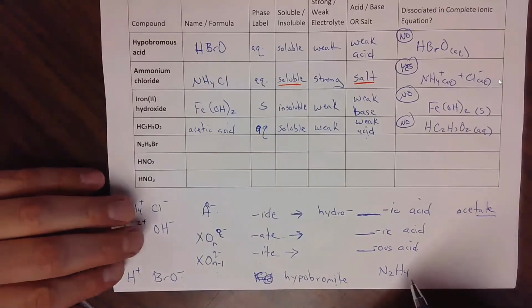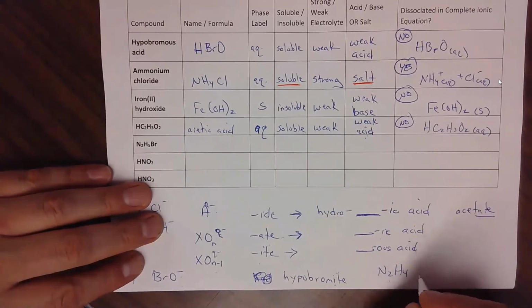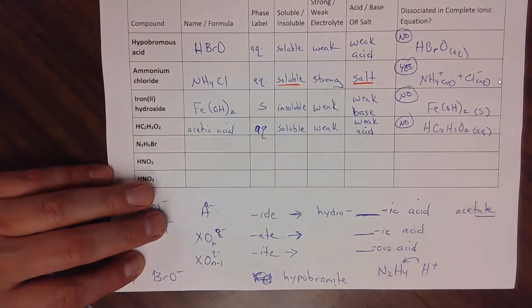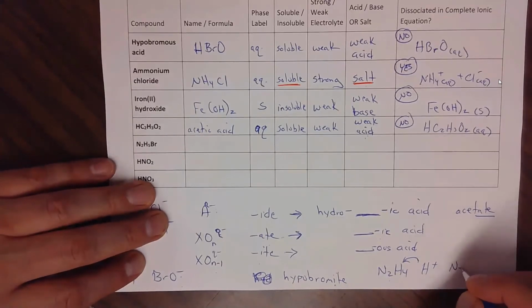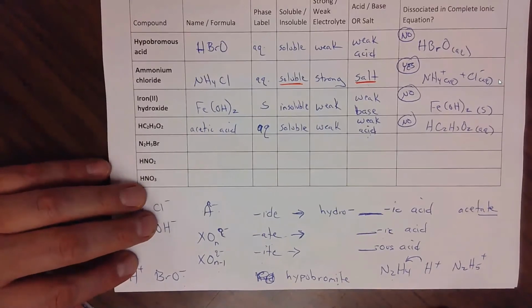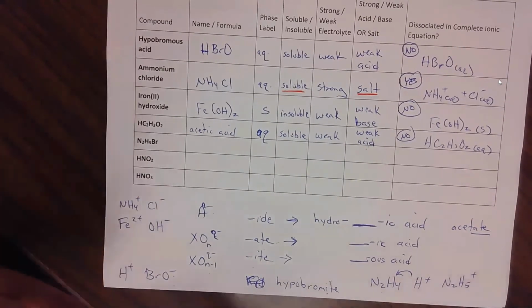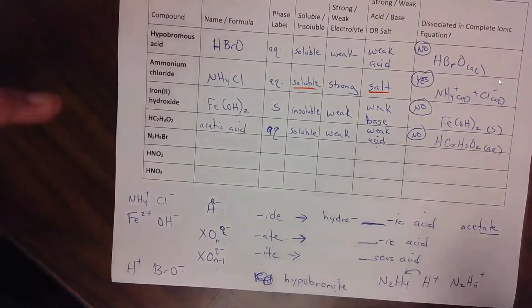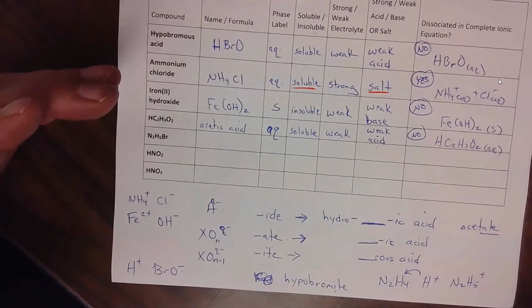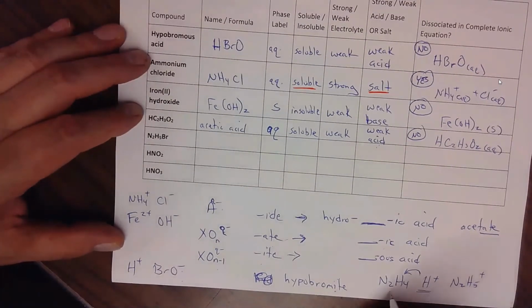And when it accepts a proton in an acid-base reaction, it forms this polyatomic ion. So now you're going to be able to recognize more polyatomic ions, but you're going to have to recognize that in the full context of the chemical reaction. This would have been some acid reacting with a base.